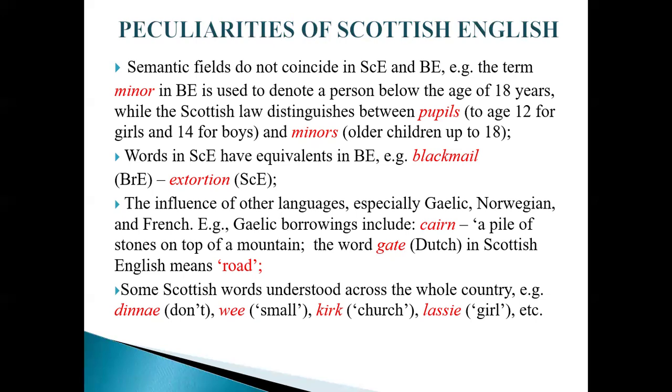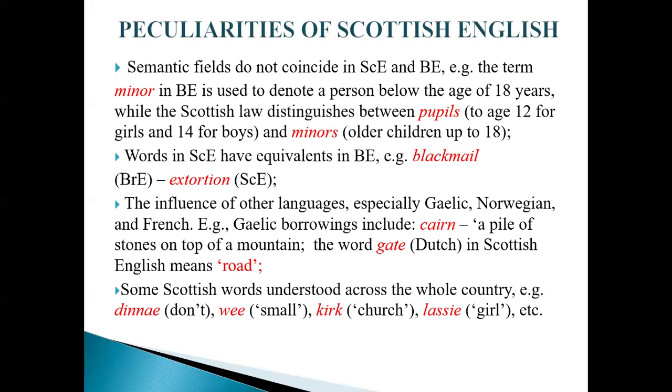Words in Scottish English have equivalents in British, for example, blackmail or extortion in Scottish. The influence of other languages, especially Gaelic, Norwegian, and French. For example, Gaelic borrowings include cairn, a pile of stones on top of a mountain.